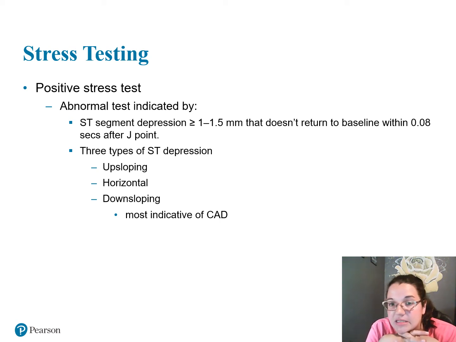Okay, so abnormal test is going to be indicated by the ST segment depression that doesn't return to baseline within 0.08 seconds after a J point. And there are three types. You need to know these. The three types are called upsloping, horizontal, and downsloping. The downsloping depression is the most indicative of CAD. Again, what is CAD? Coronary artery disease.